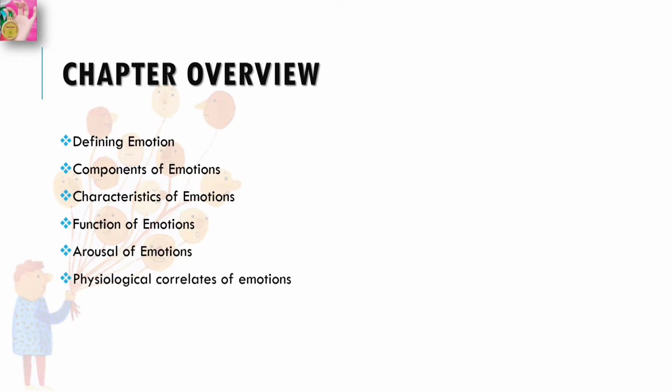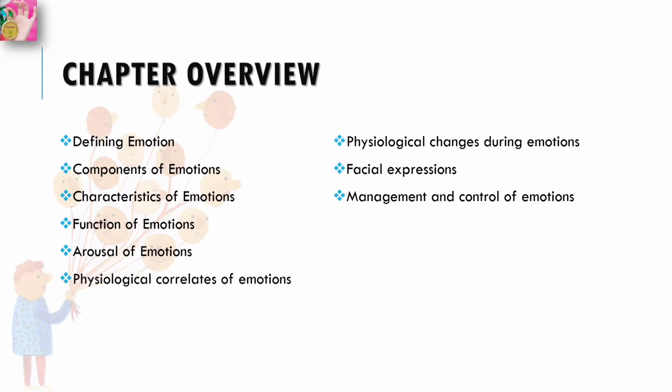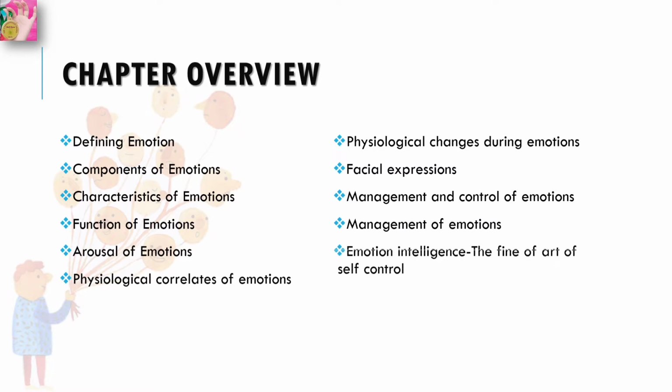After that we will learn about the physiological changes that occur during emotions, and after that we will learn about facial expressions. In this chapter we will also learn about the management and control of emotions and emotional intelligence, which is the fine art of self-control.